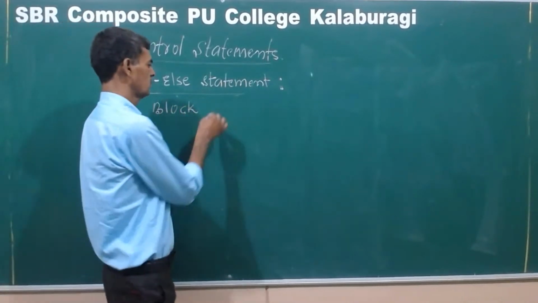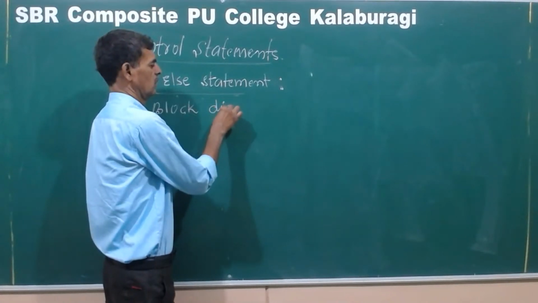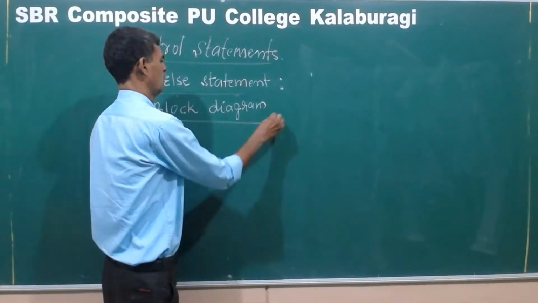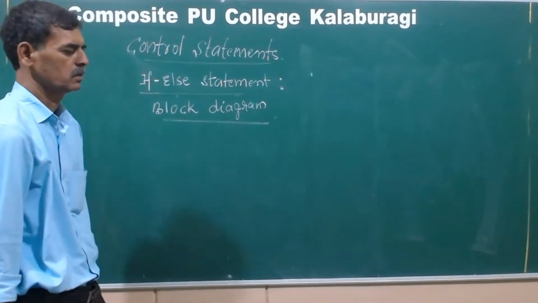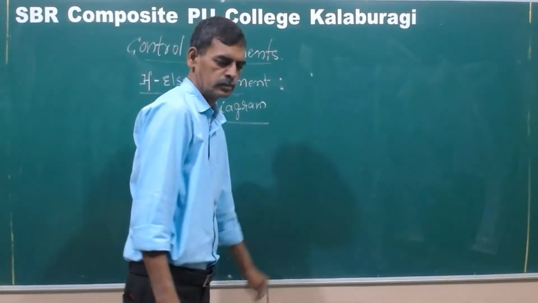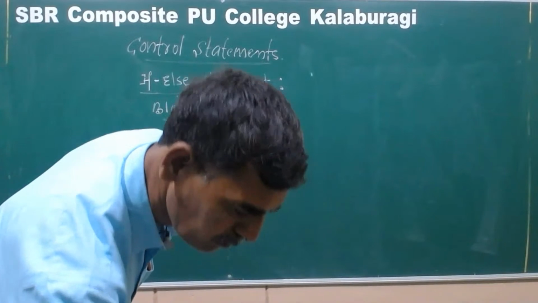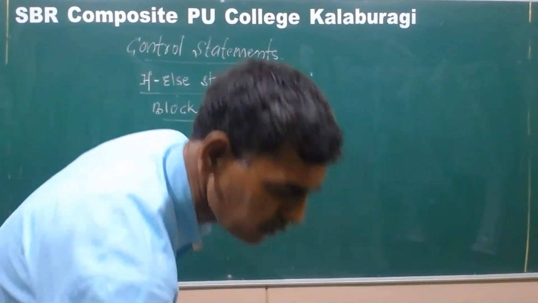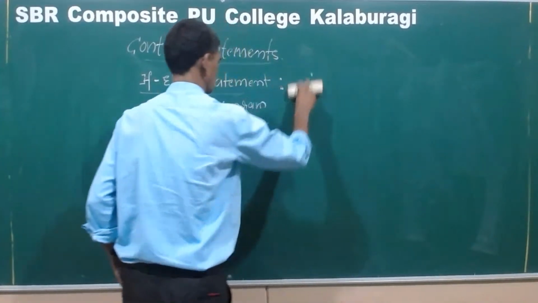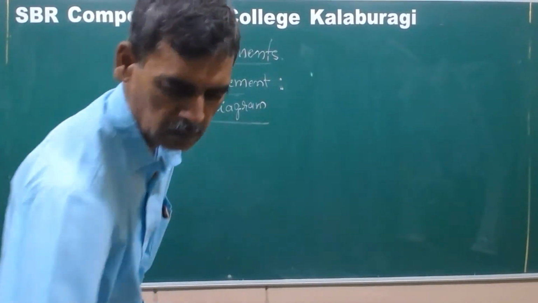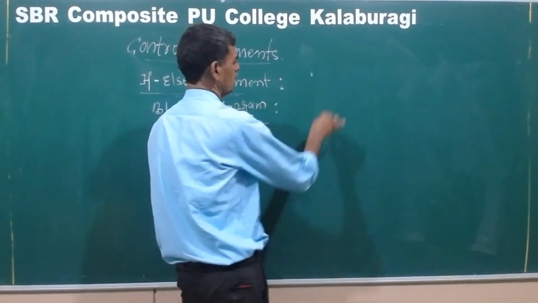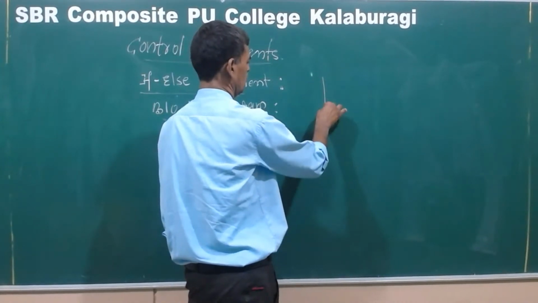Block diagram for if else statement. So this is the control.